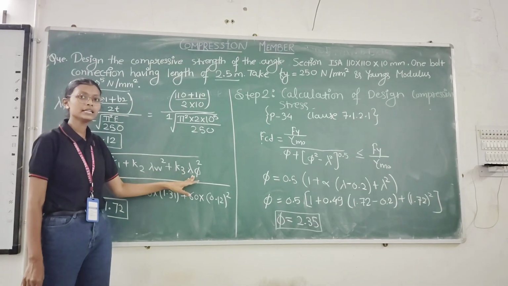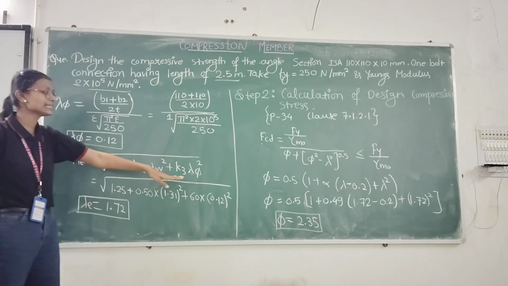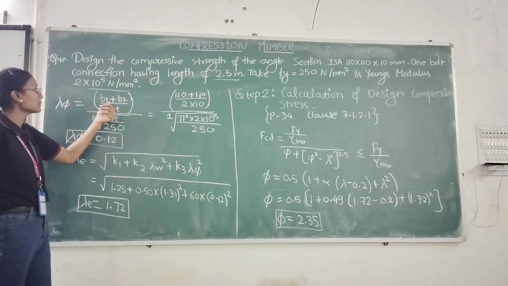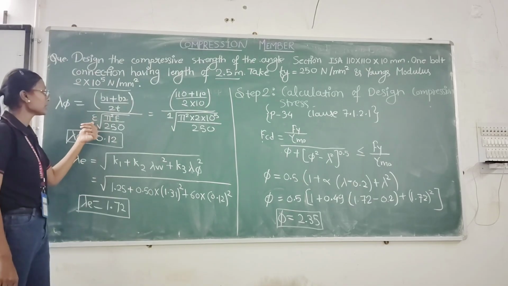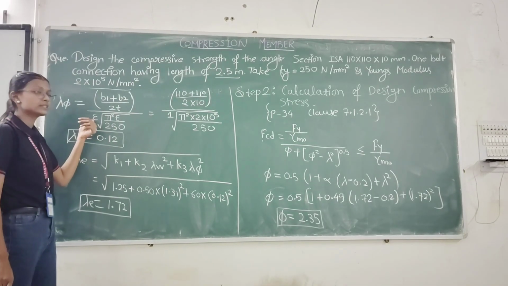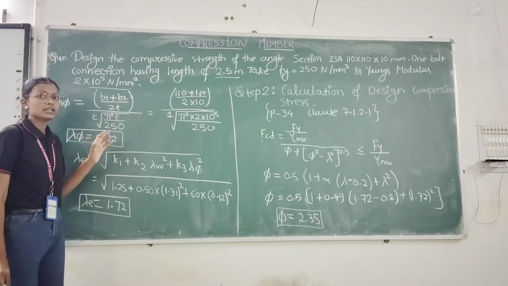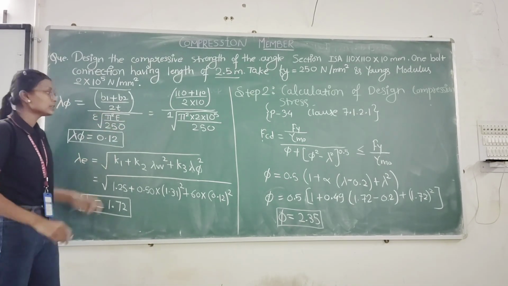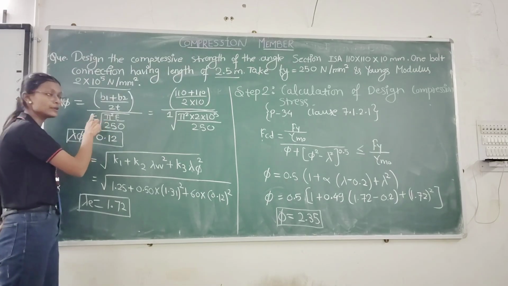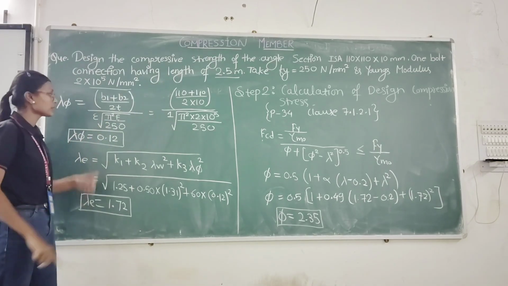Now we have to calculate lambda_phi. For calculating lambda_phi, there is a formula: (b1 plus b2) divided by 2t, divided by epsilon, under root of pi square E upon 250. In the IS code, there are two E given. We have to consider this E as epsilon.